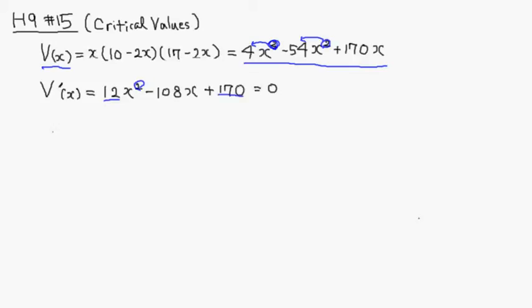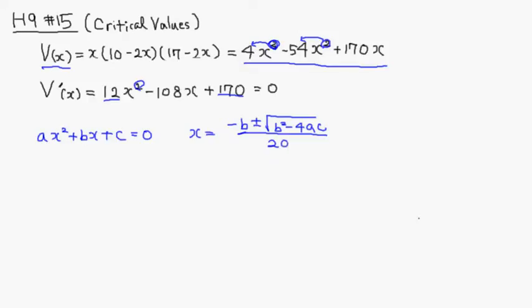Remember that if you have a quadratic equation, say ax squared plus bx plus c equal to 0, then the quadratic formula is x equals negative b plus or minus the square root of b squared minus 4ac, all over 2a.